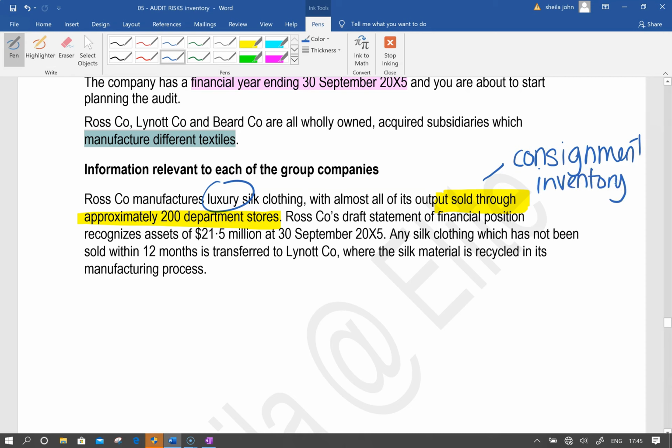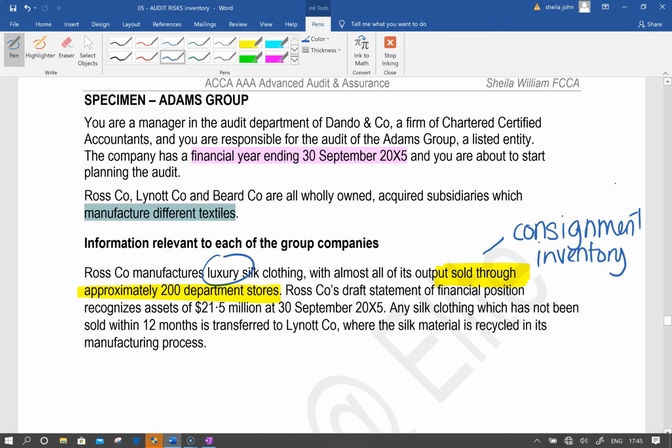If it's consignment inventory, then whatever inventory that we have at the 200 department stores must be recognized as Adams inventory and not the department store's inventory. But if the question said that the output was sold to the department stores, then that would be an outright sale. So how would you write out the answer for consignment inventory?